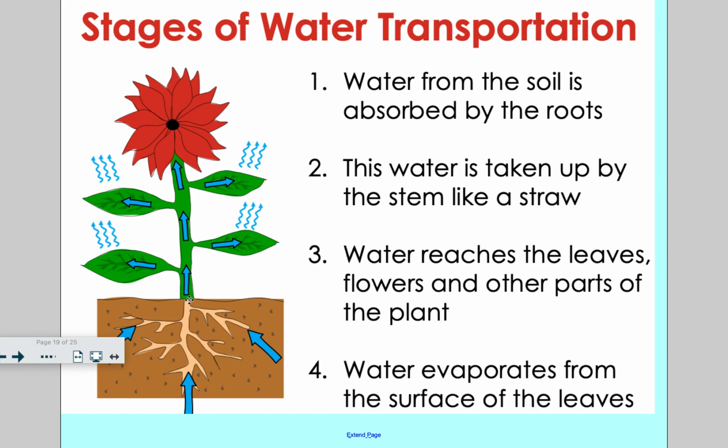The water is then taken up through the stem like a straw, and remember the name for that is xylem. Xylem. The water reaches the leaves and the flower, and then finally, in stage 4, any excess water evaporates from the surface of the leaves. So once it's used what it's needed, the water just kind of evaporates off.